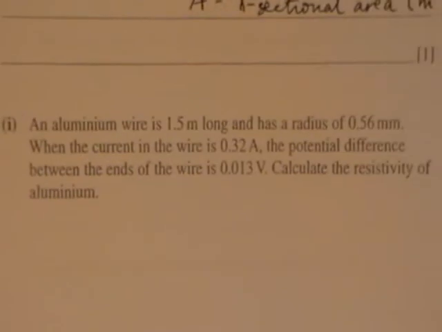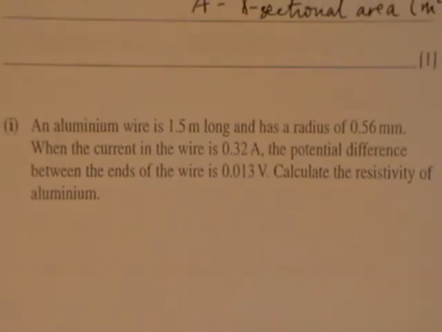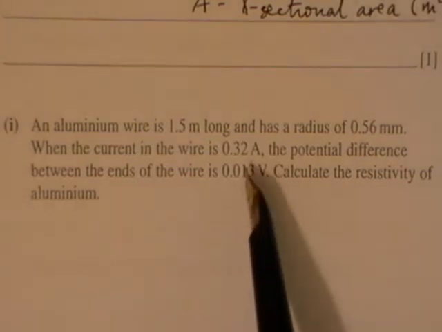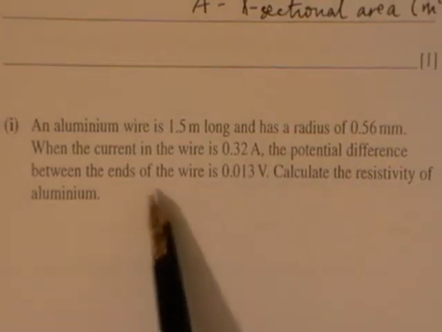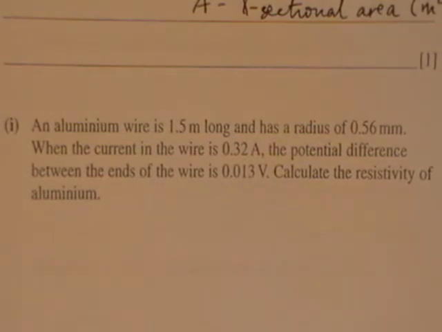Then an aluminium wire is 1.5 meters long and has a radius of 0.56 millimeters. When the current in the wire is 0.32 amps, the PD between the ends of the wire is that. Calculate the resistivity of aluminium.